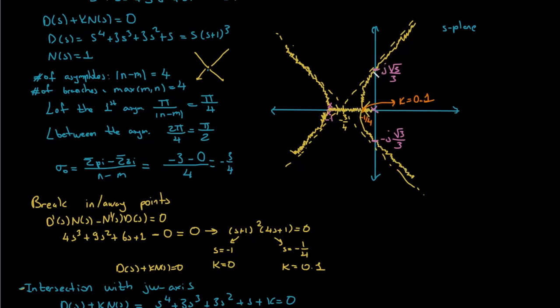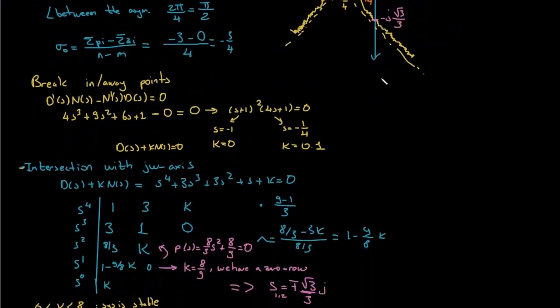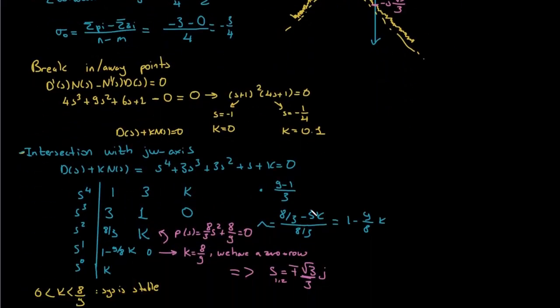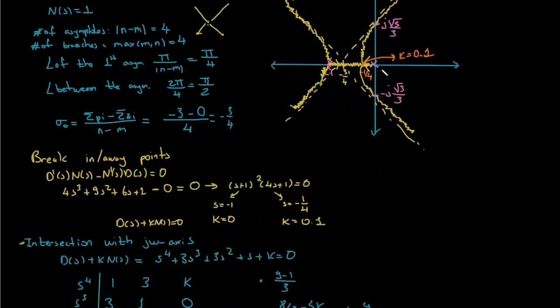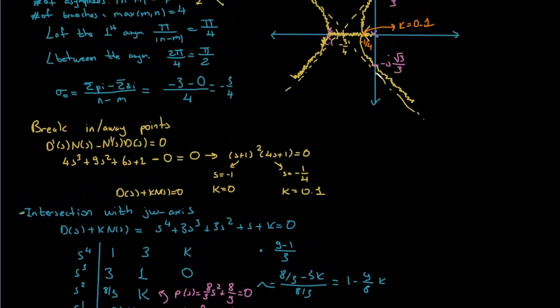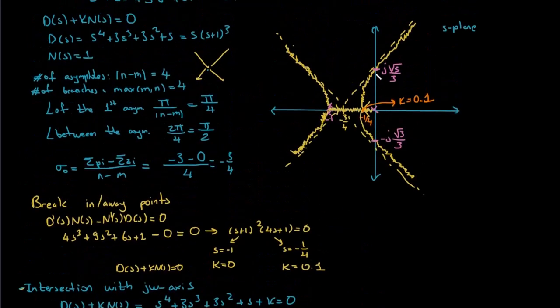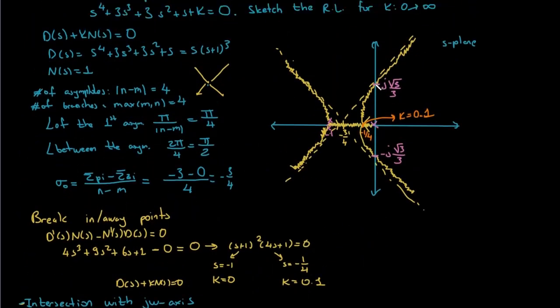We don't know the exact trajectory over here, but we know where it intersects the imaginary axis, and we found the intersection with the imaginary axis by Routh's method, and apparently it is square root of 1 over 3, and that happens when k is equal to 8 over 9, so right here. So here k is equal to 8 over 9.